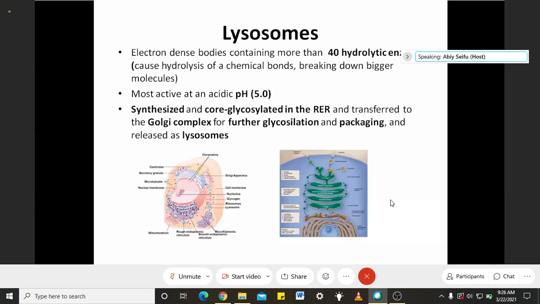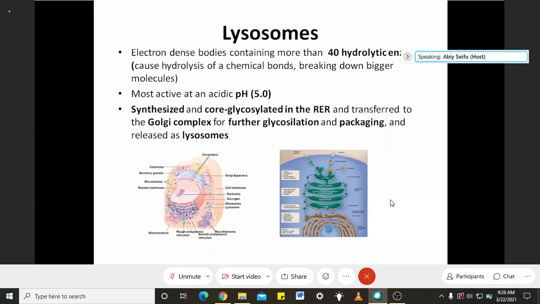These would come to the lysosomes, and the lysosomes would fuse with the vesicles, whereby the content of the vesicles would be internalized into the lysosomes. And within the membrane-bound lysosomes, digestion would take place.